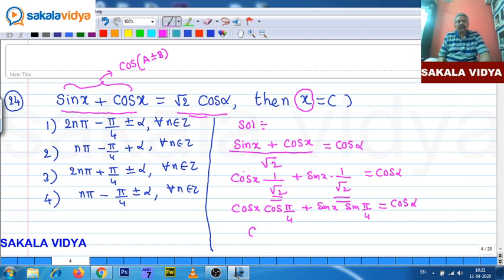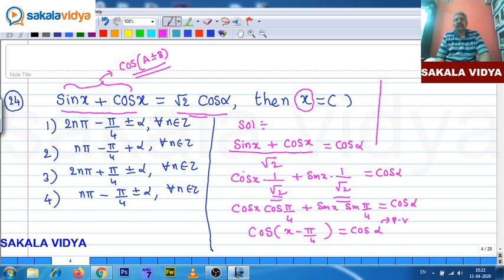So this we can write using the cos of a minus b formula, cos of x minus pi by 4, already explained to you. So this cos of x minus pi by 4 equal to cos alpha, here alpha will be the principal value.